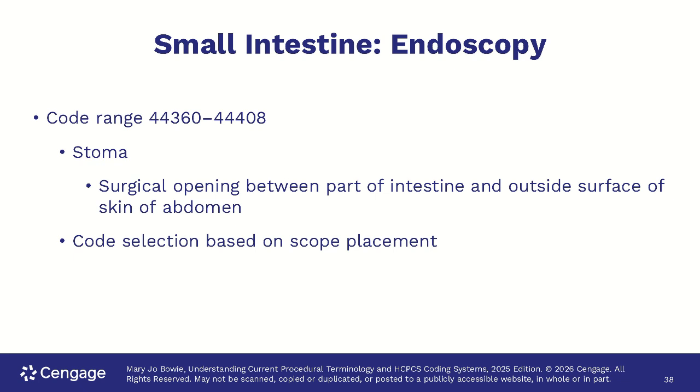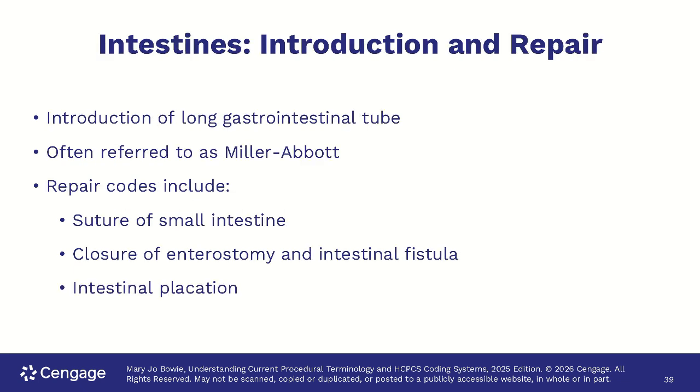And these particular procedures with the stoma means that when they put the scope in the body, they put the scope in via the stoma. So what you have to pay close attention to, was the scope inserted into a natural body part, or was it inserted into a stoma, an opening? And the documentation will tell you which one it was.